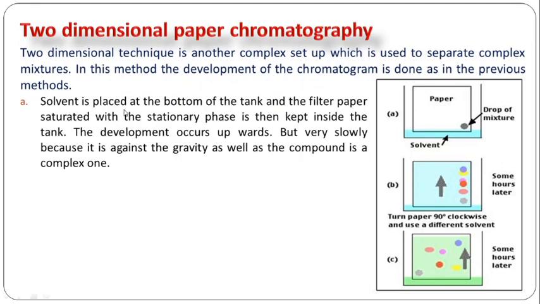The solvent is placed at the bottom of the tank. This is the running solvent, and the filter paper saturated with the stationary phase is kept inside the tank. The development occurs upwards but very slowly, because it is against gravity and the mixture is complex. The tank should be saturated with the mobile phase and closed. The spot is on the corner.